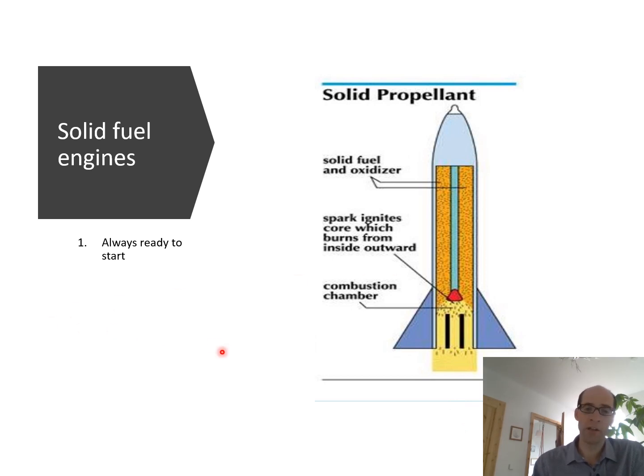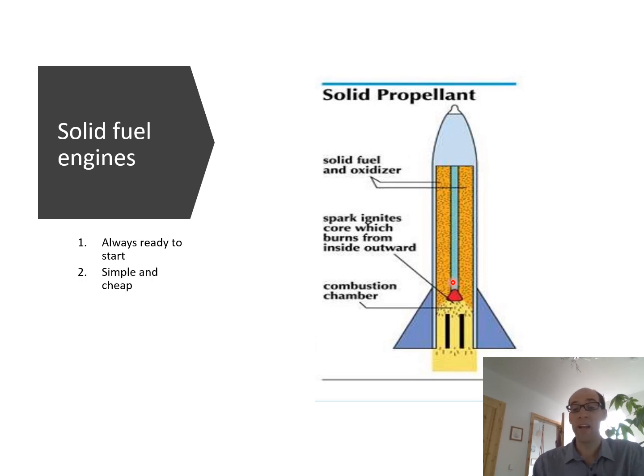There are a number of advantages to solid fuel rockets. They are always ready to start because they can be stored fully fueled. This solid fuel is generally designed to be quite inert and quite safe, and it takes a very special ignition system to get it going. So it can be stored for quite a long time. That's particularly useful for things like missiles, where you might want to have them in a silo or on an aircraft wing for a long period of time before deploying them.